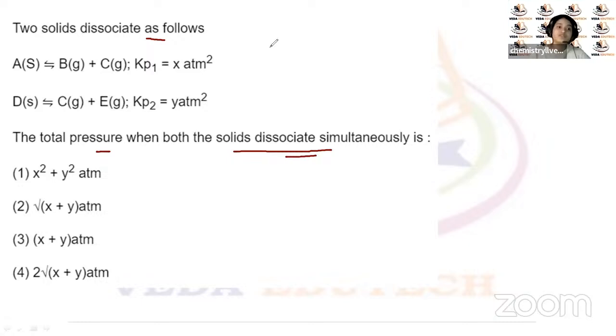If we look at the equilibrium constant, the first one is going to be partial pressure of B into partial pressure of C. We are not going to consider A because it is not in the gaseous phase. So this is P1 and this is going to be P1 plus P2.